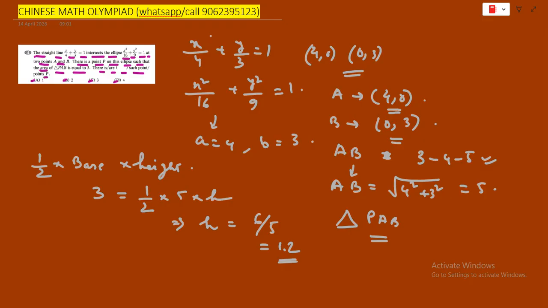Now imagine our line AB is a fence, and we are looking for the points on the ellipse that are exactly 1.2 units away. So this means we are looking for two ghost lines parallel to AB.